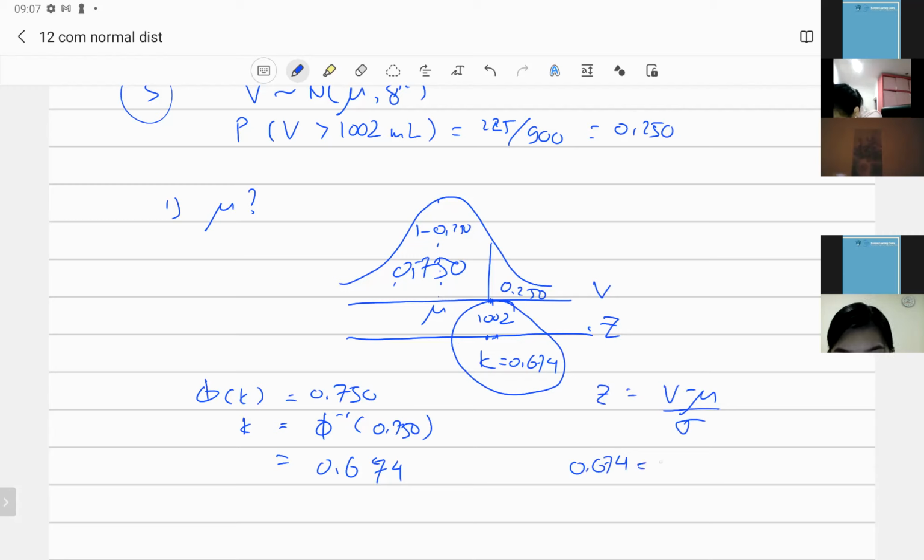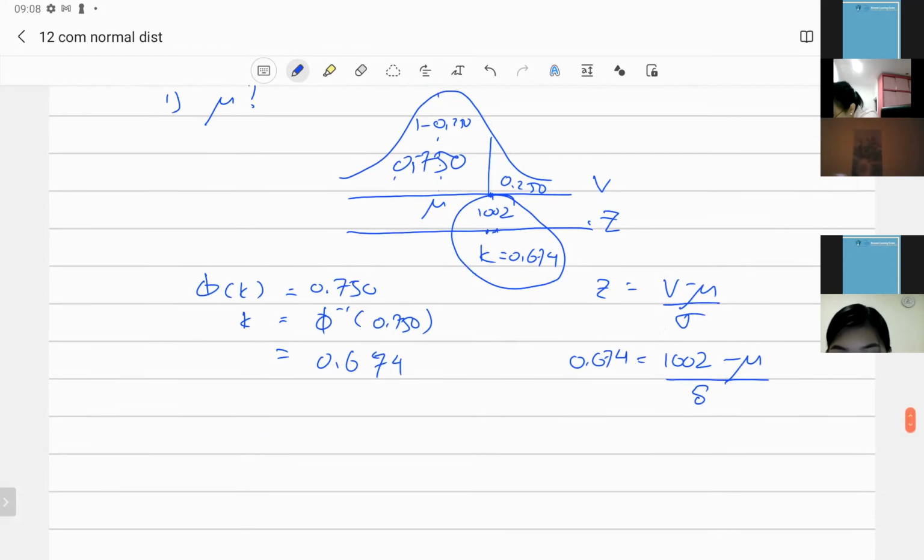The value of x is 1002 minus the mu that we don't know, but we know that sigma is 8. So it's easy then.